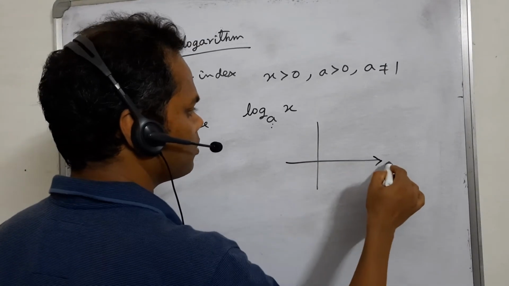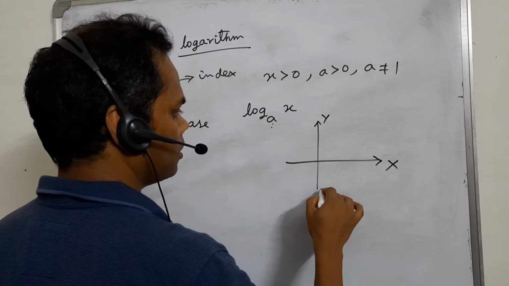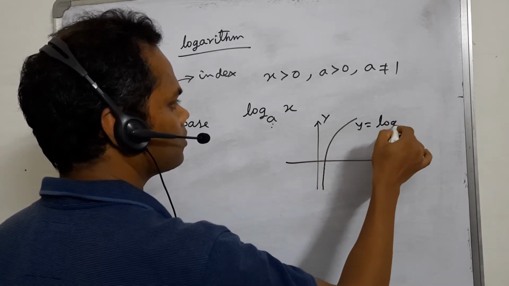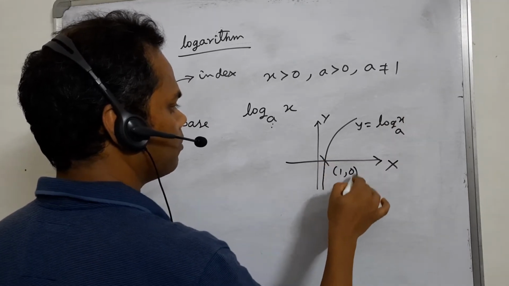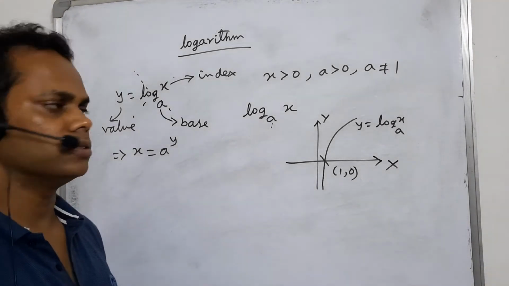And the graphical representation of logarithm: this one is the x-axis, this one is the y-axis. This is y equal to log x to base a. Now see that this is (1, 0). At x equal to 1, log 1 is 0.